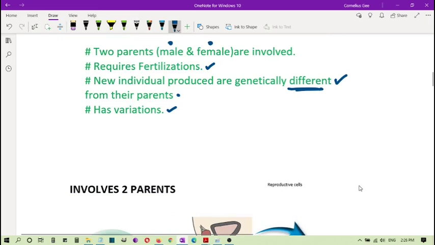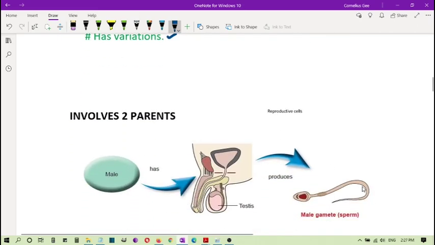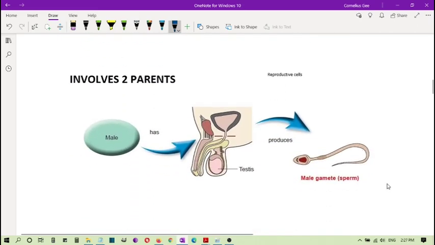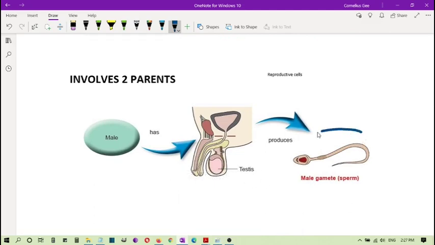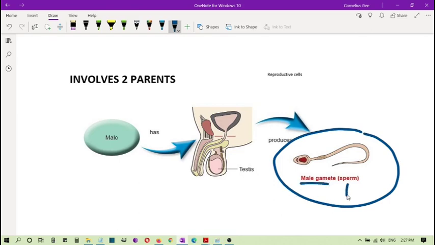Let's look at the two parents requirement. The male parent produces the reproductive cells. The male reproductive cell or male gamete is called the sperm. These are called the reproductive cells.